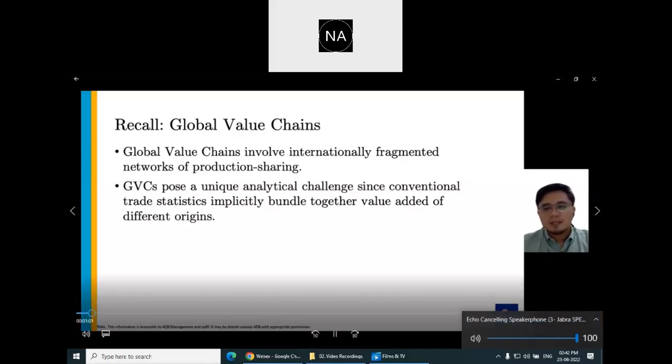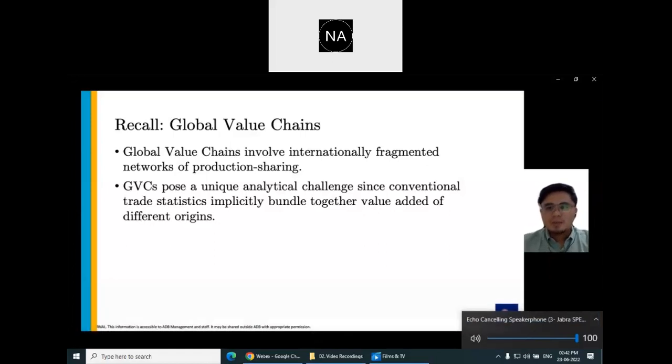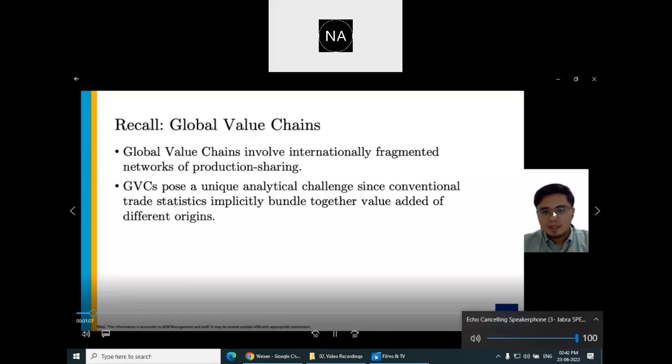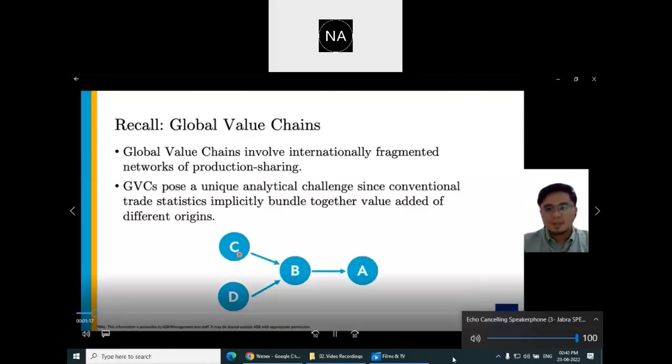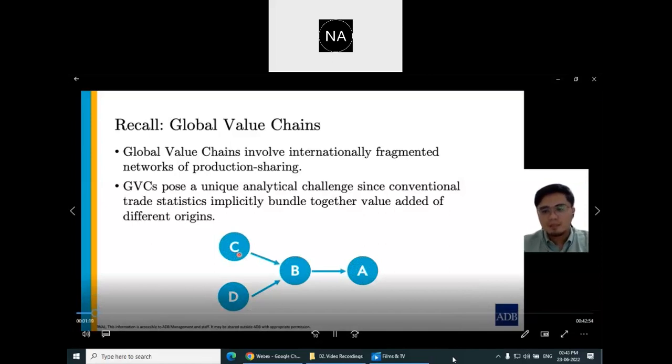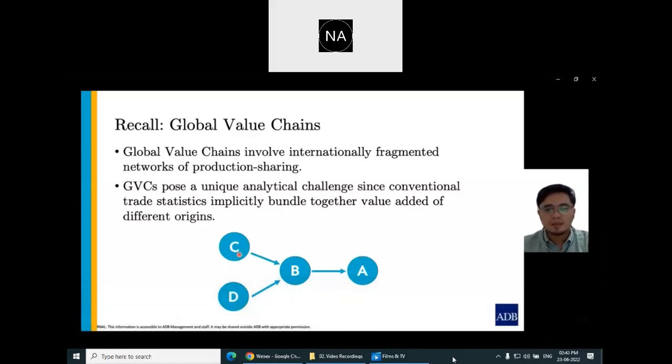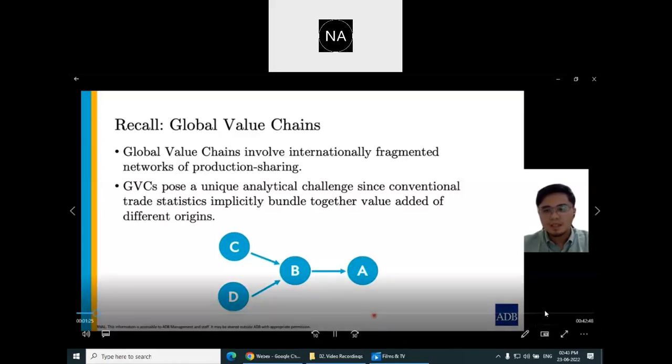In particular, GVCs pose a unique analytical challenge since conventional trade statistics implicitly bundle together value added of different origins. To illustrate, exports of A to B may contain contributions from C and D, which would generally be hidden in traditional trade statistics or gross exports.